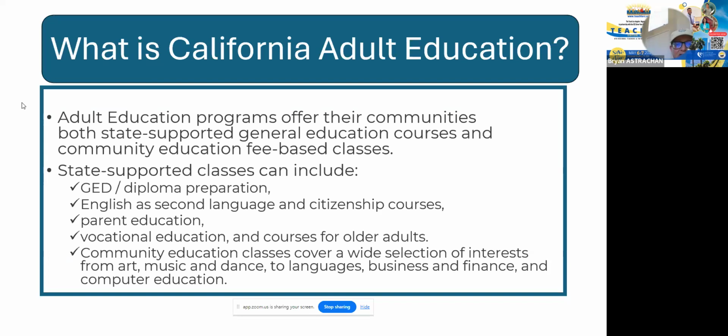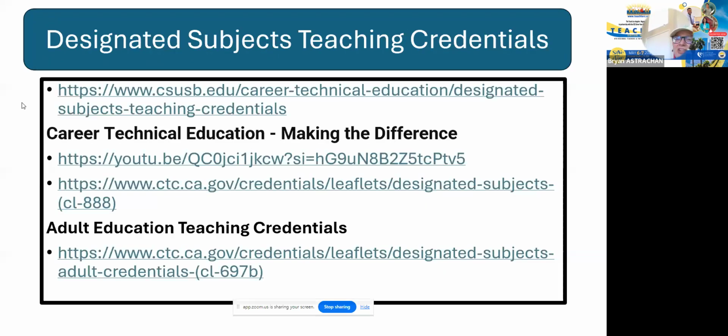Then under community education, as kind of an example, community education classes cover a wide selection of interests, which include art, music, dance, languages, business and finance, and again, the computer areas. And sometimes there are even programs that are hybrid, where people can do online and also in person.